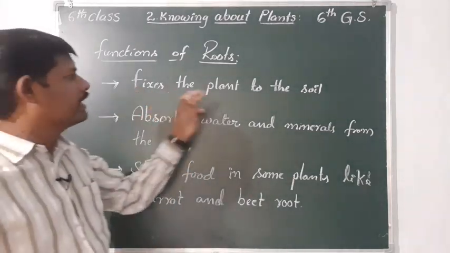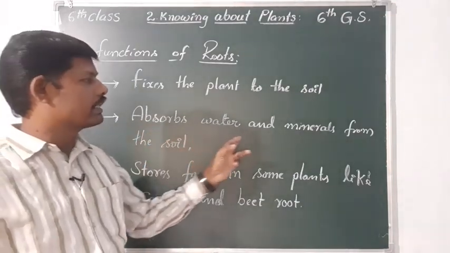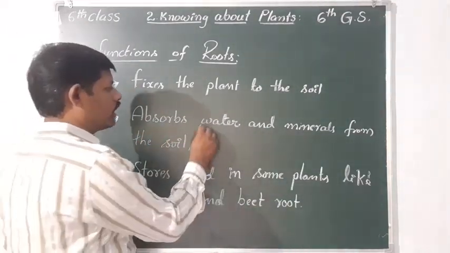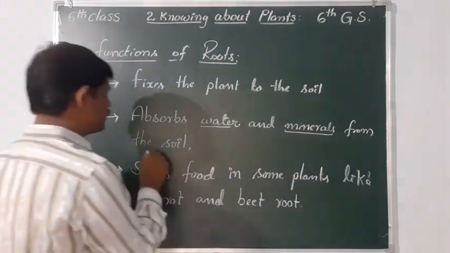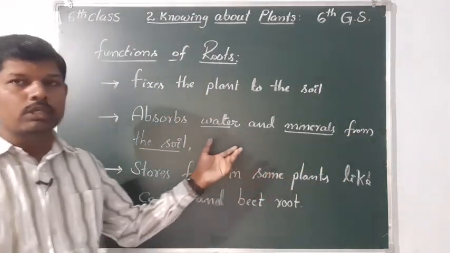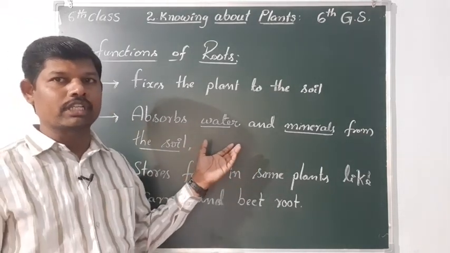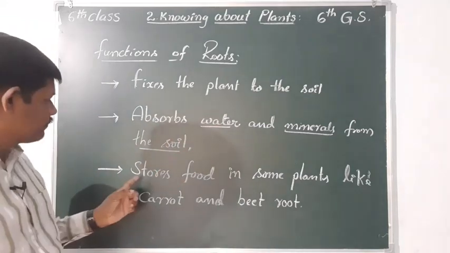And second, absorbs water and minerals from the soil. There is some water and minerals present in the soil. Roots absorb that water and minerals and transfer them to the remaining parts of the plant.